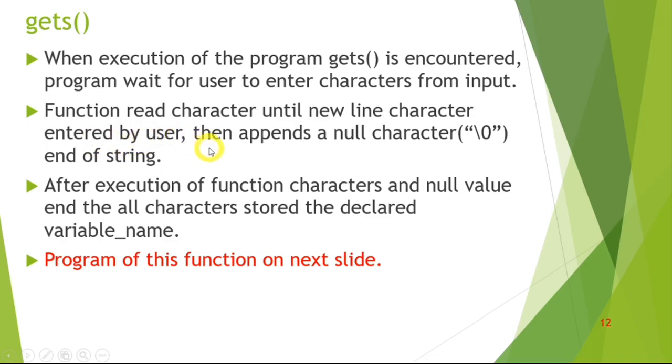The newline is entered only after the user enters some characters, and afterwards the function appends the null character, that is \0, the end of the string. Always remember that a string is terminated by the null character, \0, so it is a termination actually. After execution of the function, the characters and the null value are all stored in the declared variable name.